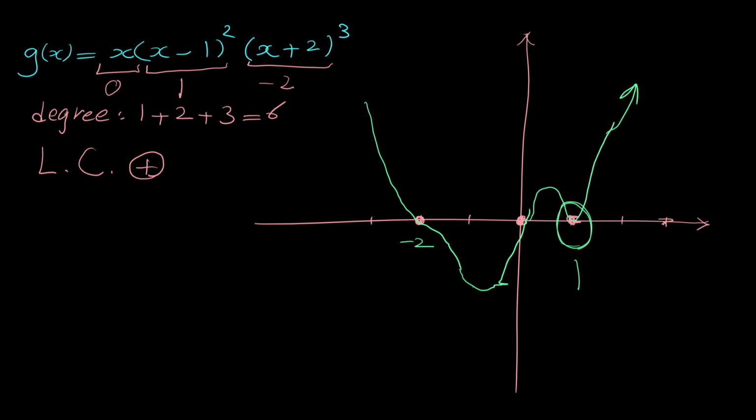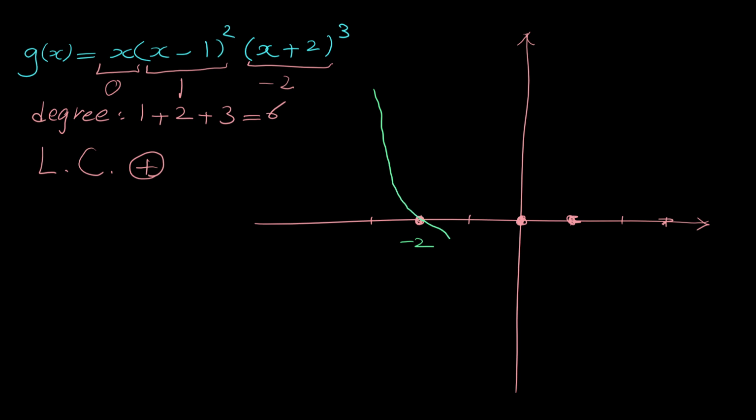So let me try again to graph this a little better. So our graph would be something like this. This is the graph of this polynomial. So the things that you have to pay more attention to is this point 1, where we have a bounce.